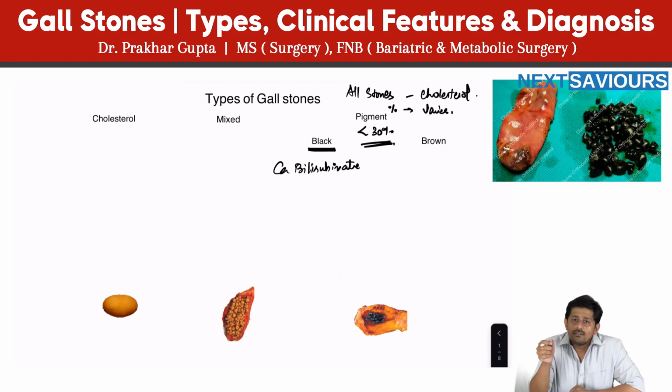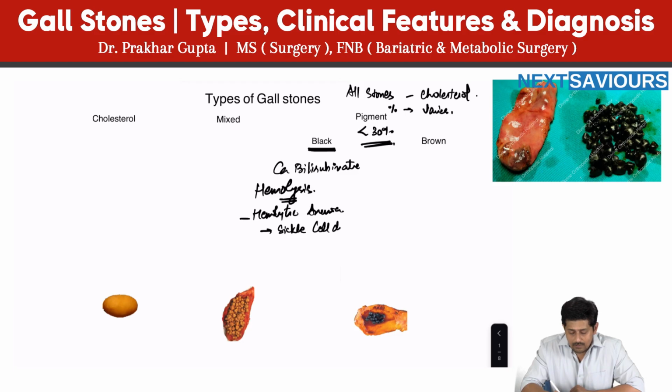So it is obviously seen in patients who have hemolysis, as there are several hemolytic anemias, and these patients of hemolytic anemias present with black pigment stones. For example, sickle cell disease, thalassemia. Okay.